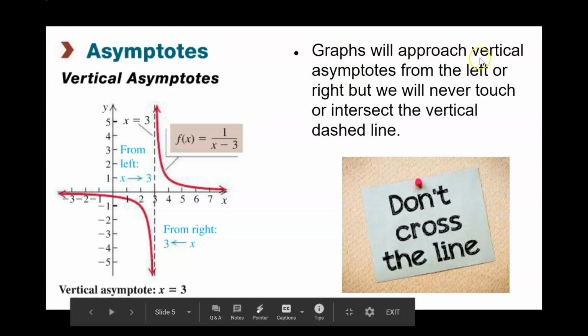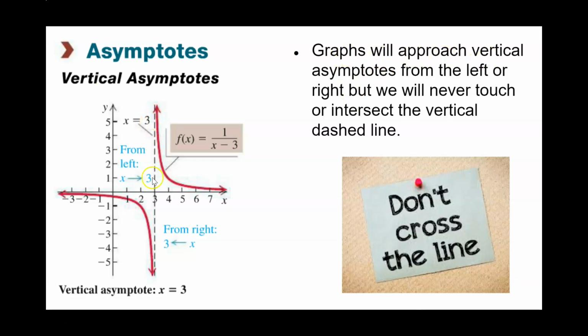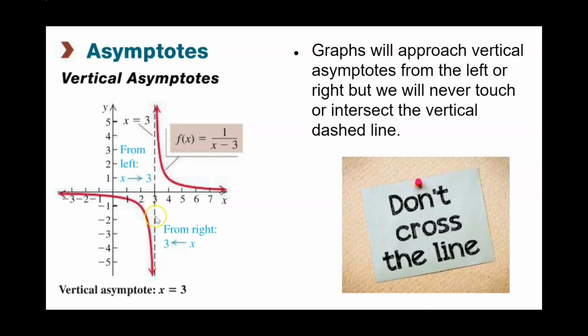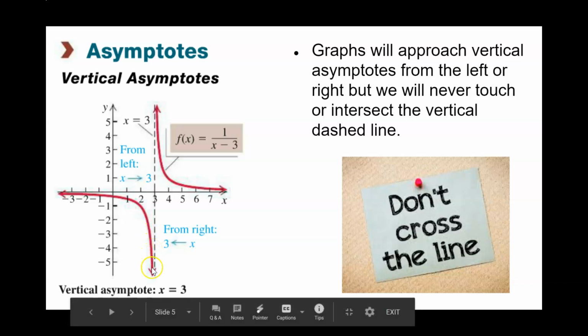This is when graphs approach an imaginary line. We can simplify it as a dashed line, but it's like an imaginary line from the left to the right, but the graph will never touch it or intersect it. So here's my graph. It's going along here and it's coming down. Notice it gets very close to the vertical asymptote, but never actually crosses it or touches it.